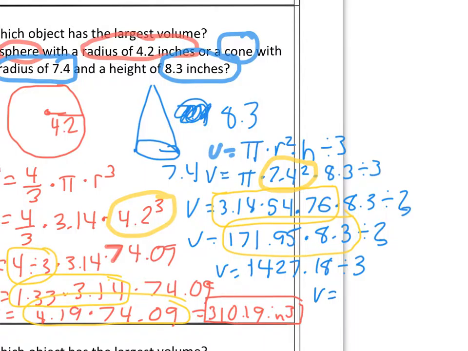Type in your calculator 1,427.18 divide 3 equals, I got 475.70, and now you're going to round up, 73. So volume of the cone is 475.73 inches to the third dimension.